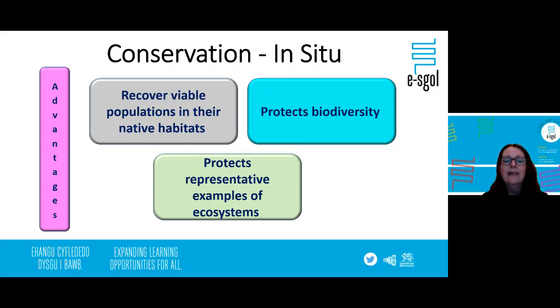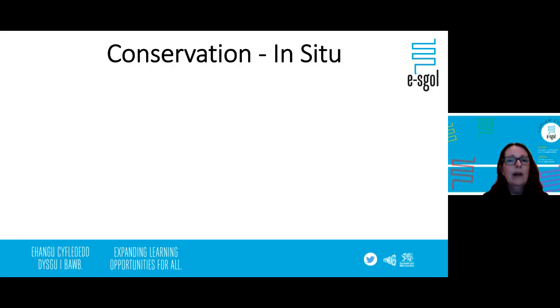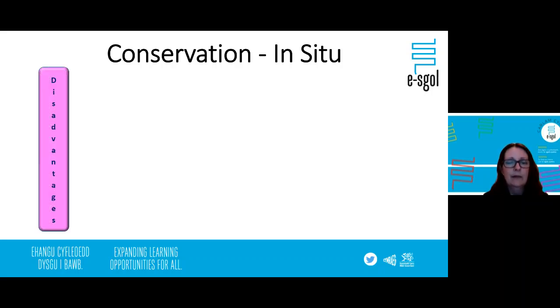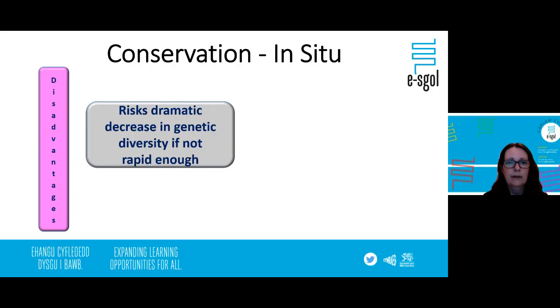Those examples of ecosystems are also protected. There are lots of different ecosystems that we need to protect, and by carrying out conservation in situ, we can do that. But there are disadvantages to that, so let's have a look at some of the disadvantages.